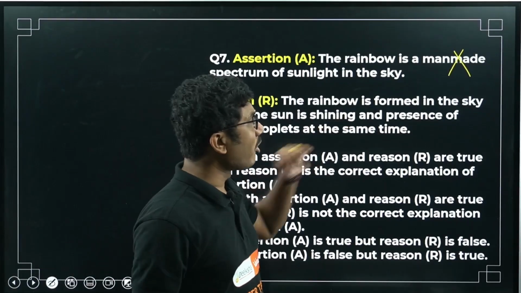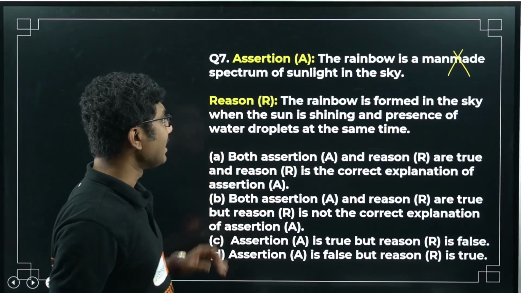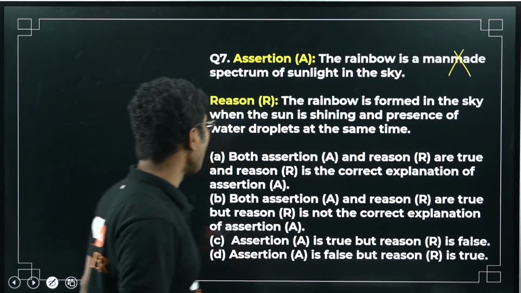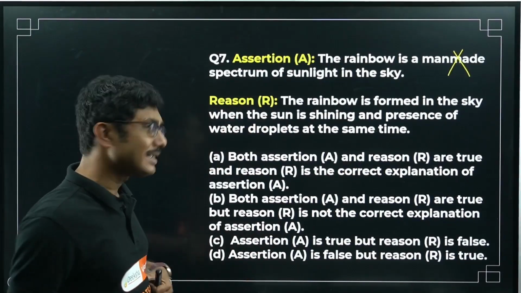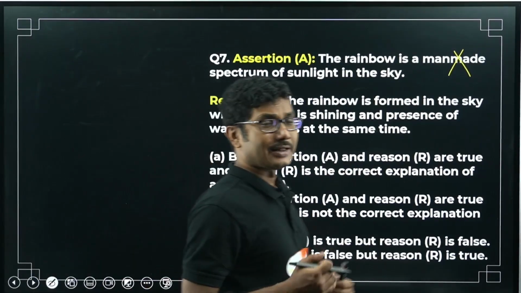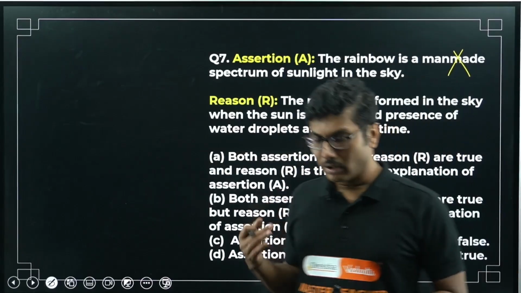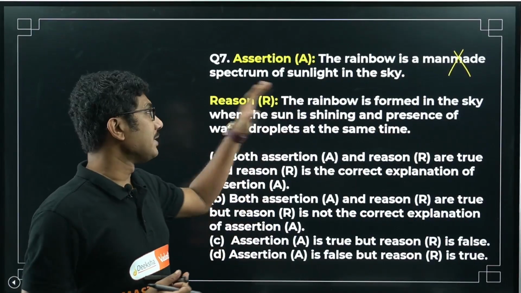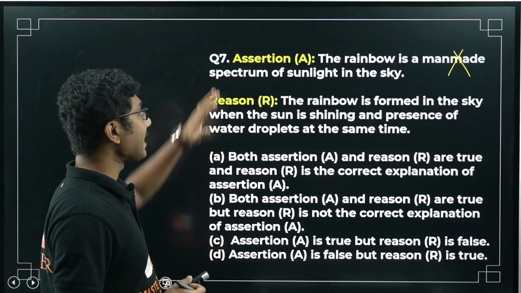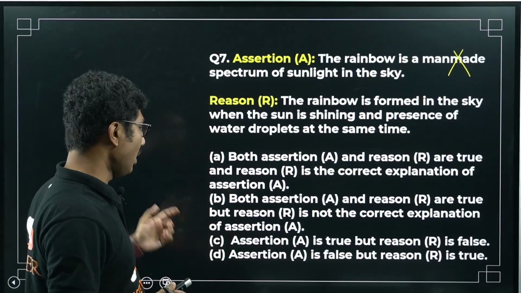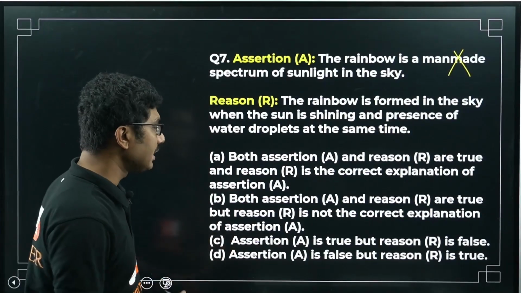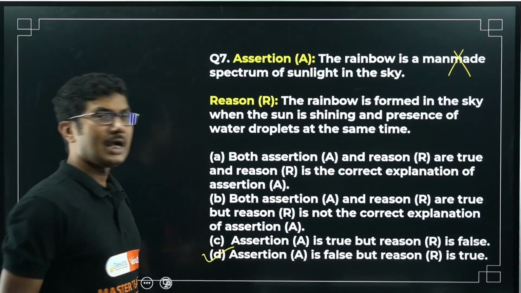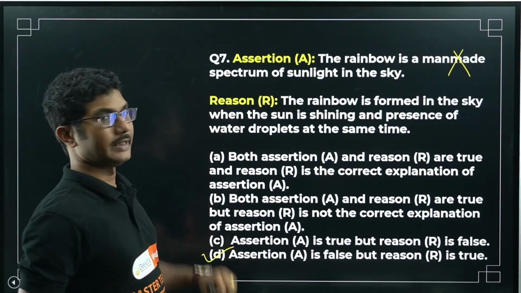The rainbow is formed in the sky when the sun is shining and there is the presence of water droplets at the same time. Yes, this is correct. The reason is that the sun is there and also the water droplet is present, then only you can see a rainbow. So basically the reason is a correct statement, but the assertion is not correct. So the assertion is false but the reason is true. Option D is the correct answer. So you have to identify this in this case.